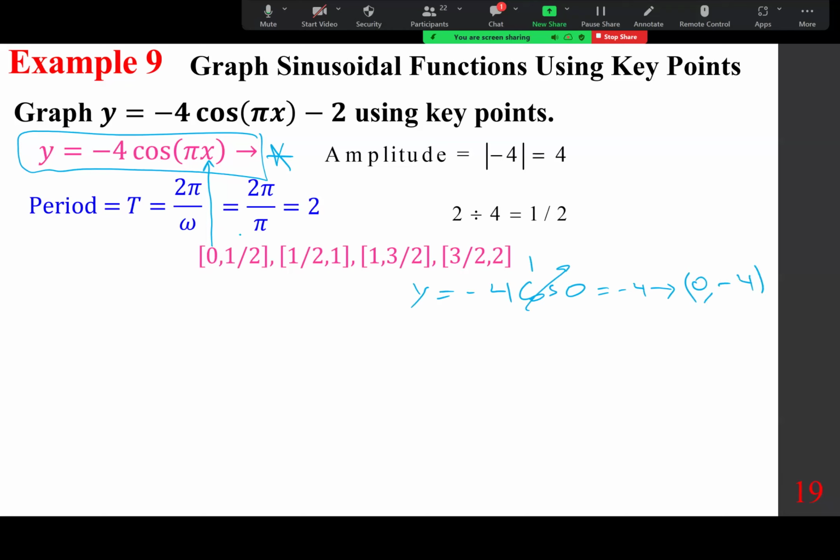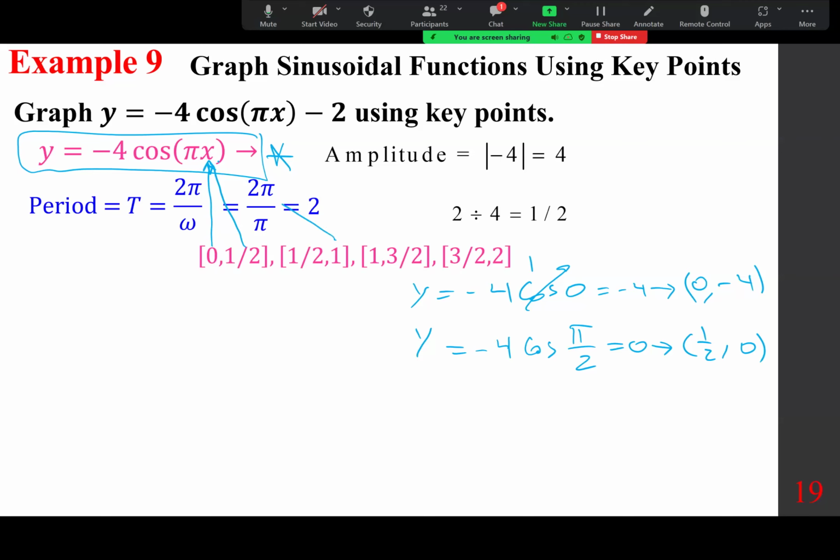Now let's plug in 1/2. y equals -4 cosine of 1/2 times pi, which is pi over 2. You know cosine of pi over 2 is 0. Therefore, 1/2 gives me 0.